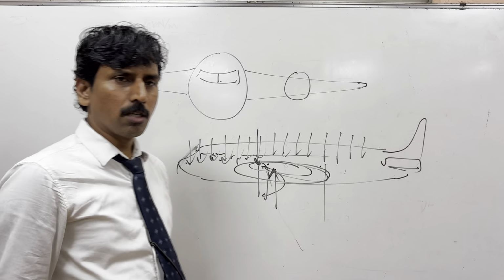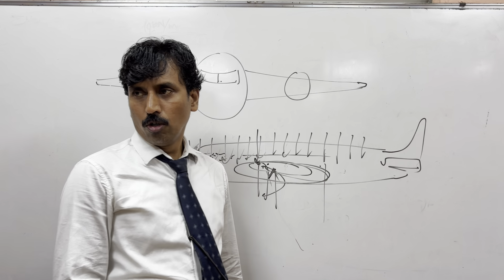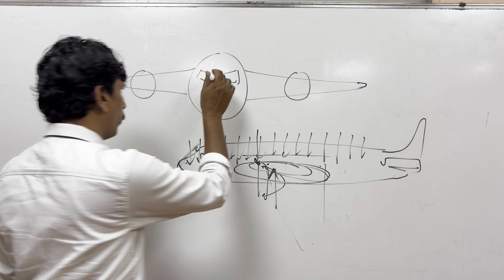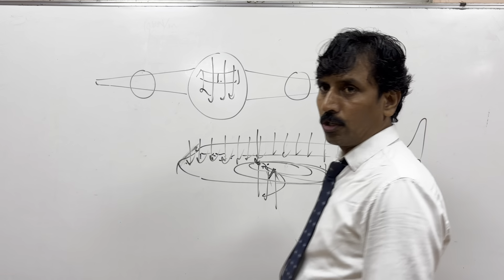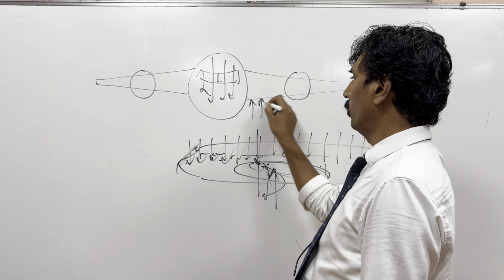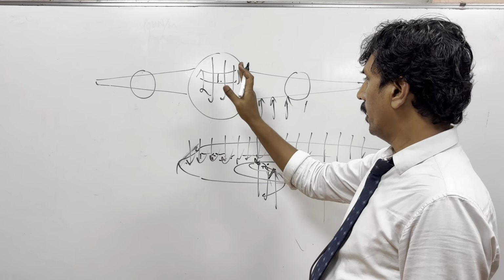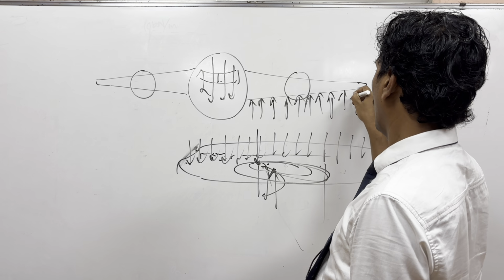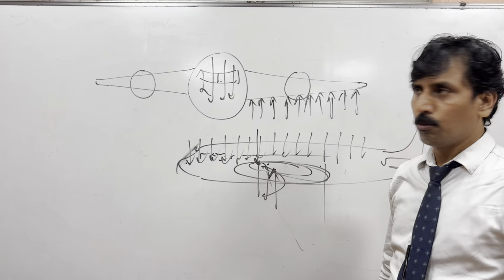Okay. Of course, this is mechanics of materials. We are not aeronautical students, we are automobile students. But still, I'm saying that there's so much weight acting downwards here because of this fuselage, and these wings are trying to lift it upwards. So if you see throughout, there are so many loads being applied upwards.